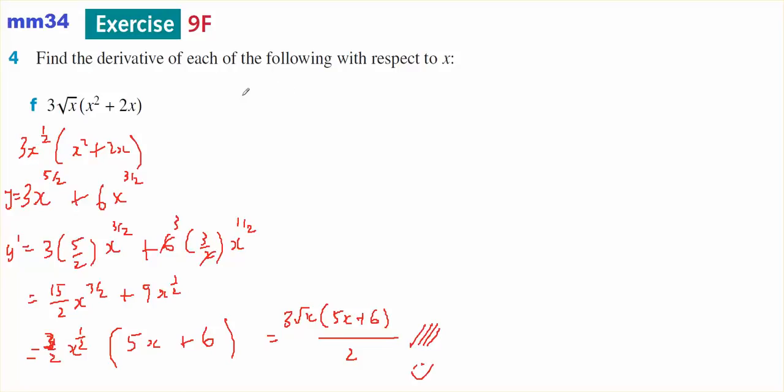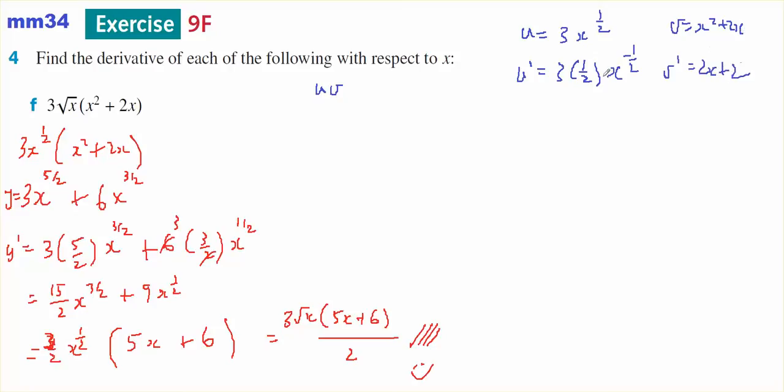So I'm going to say this is equal to uv, where u equals 3x to the half. So u dash equals 3 times a half, x to the negative a half. And v equals x squared plus 2x. So v dash equals 2x plus 2.